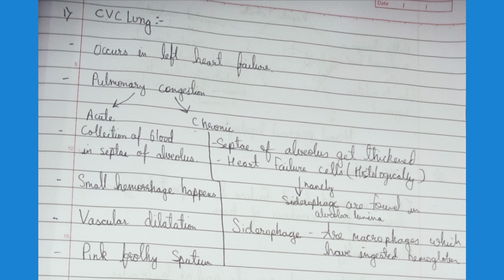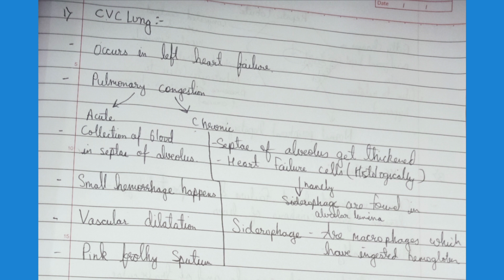In chronic pulmonary congestion, the septa of alveoli get thickened and you will notice in the histological section heart failure cells, namely siderophages, found in alveolar lumina. You must also know siderophages are macrophages which have ingested hemoglobin.